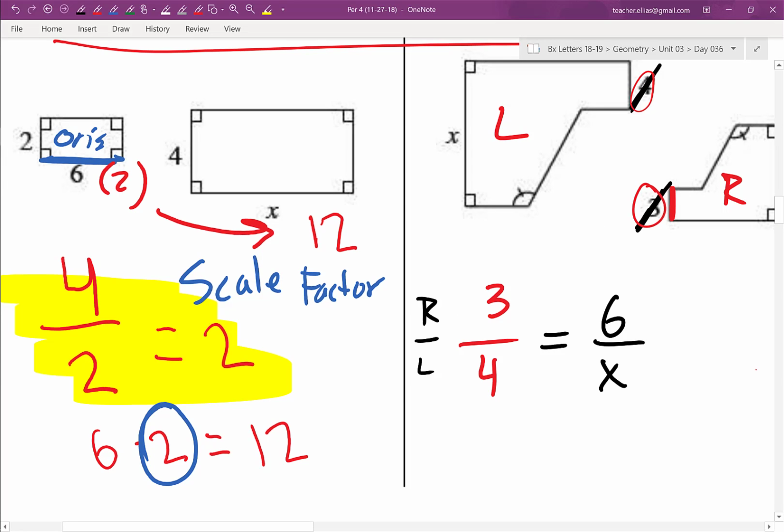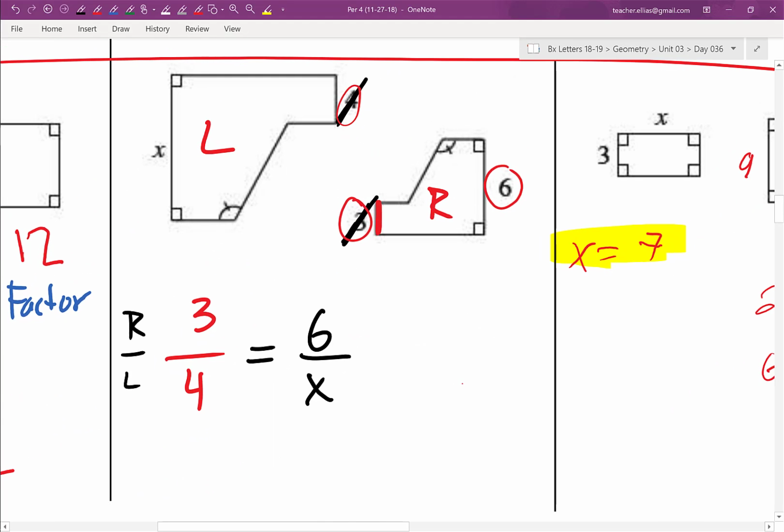When you take something from one shape and compare it to the other, the other sides have to behave the same way. So if I compare 3 and 4, then when I compare corresponding parts, something from the right divided by the corresponding thing from the left, those ratios have to be equal. That's called a proportion.